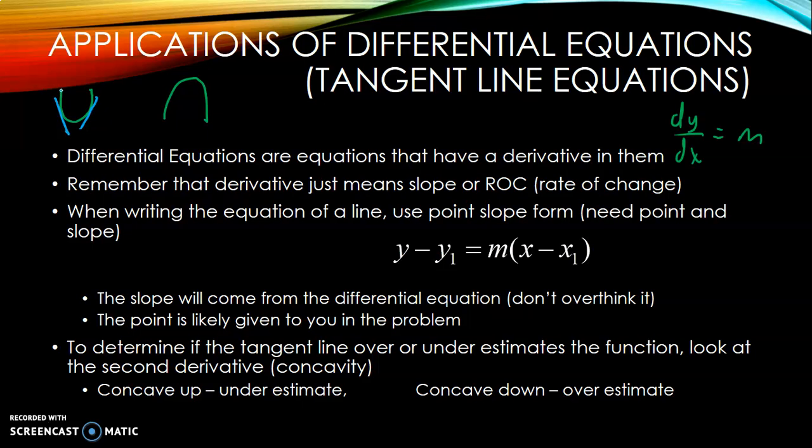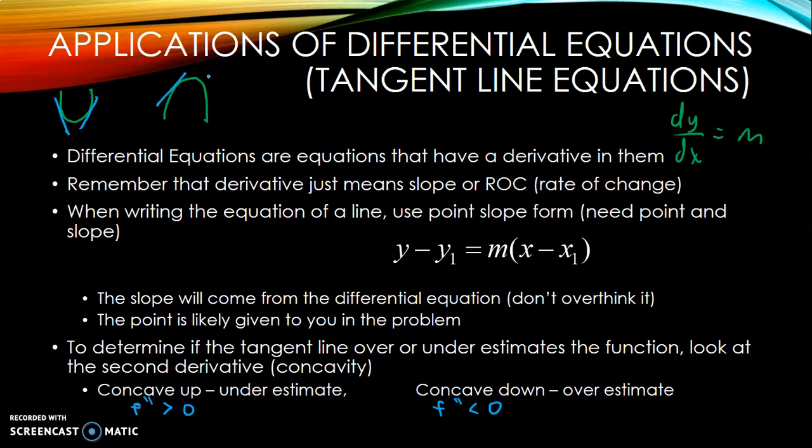This tangent line is always below the actual function. So if the original function is concave up, then our tangent line is going to be an underestimate because we are below the function. And remember, you can find out if it's concave up if the second derivative is positive.